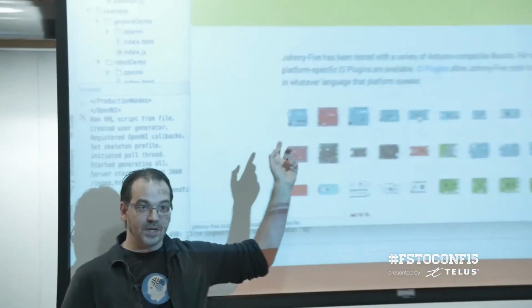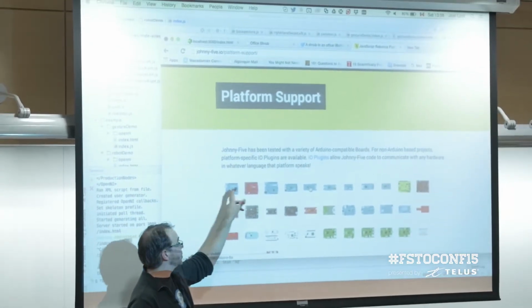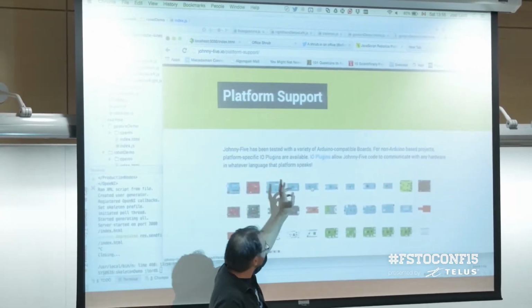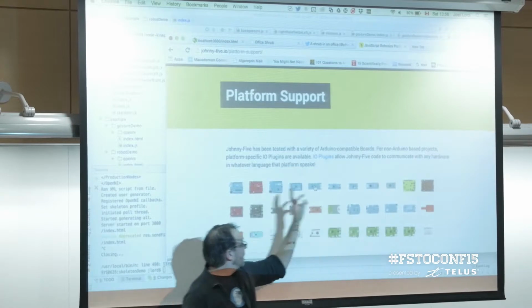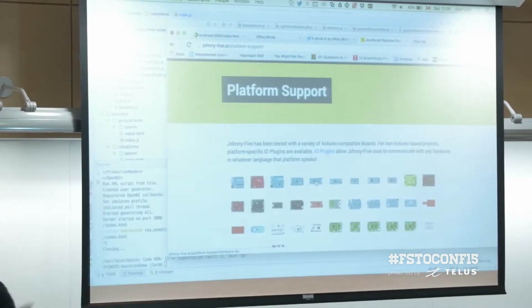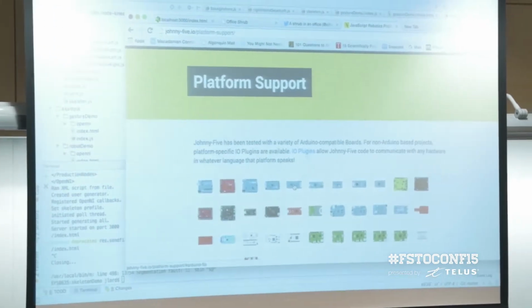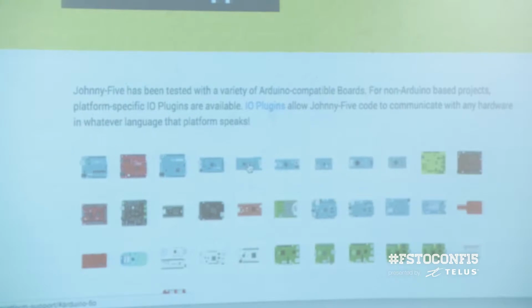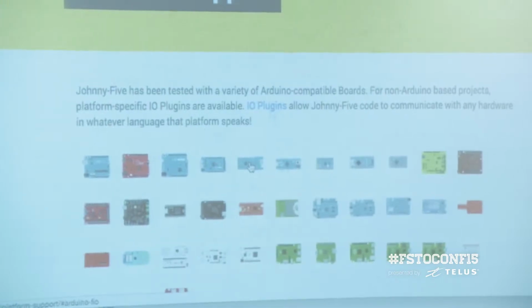So once again, if you were at Pearl's presentation, so Arduinos, Tessels, Arduinos, other Arduinos, particles, name it, just take a quick look. Raspberry Pis, just about anything you can think of is supported by this. So it gives you a set of common APIs that you can use with just about any type of hardware.